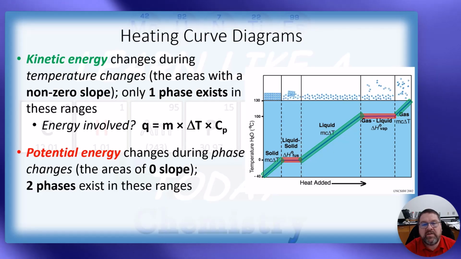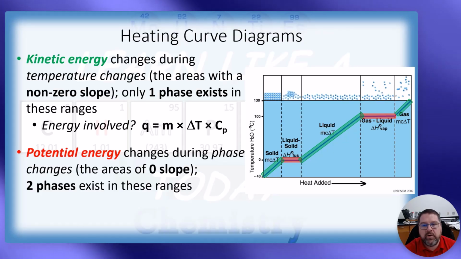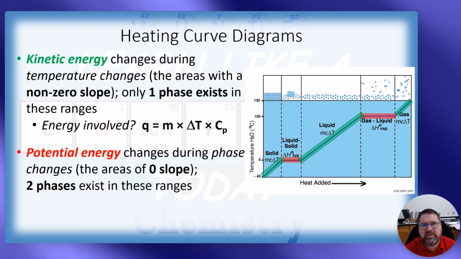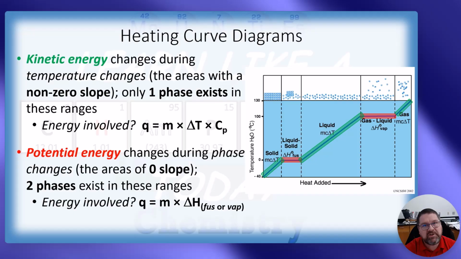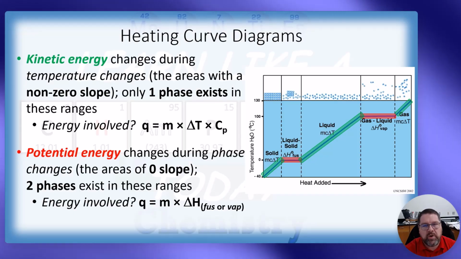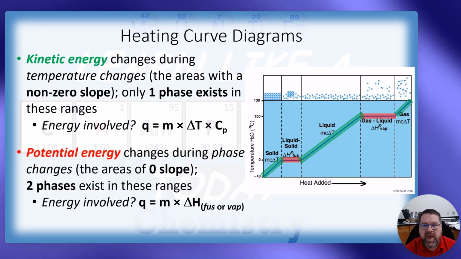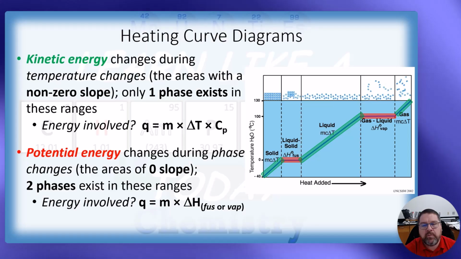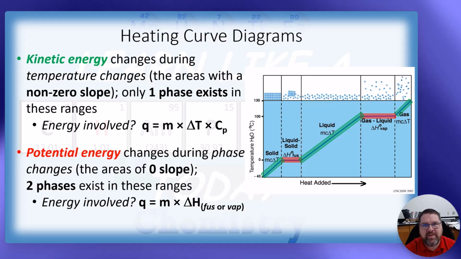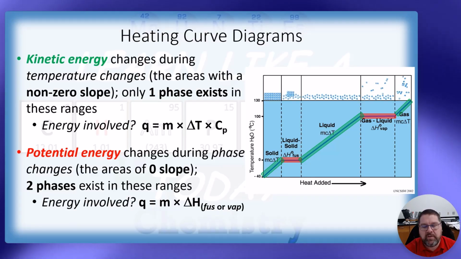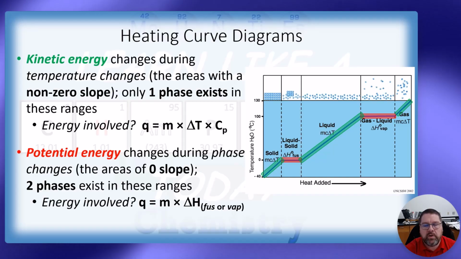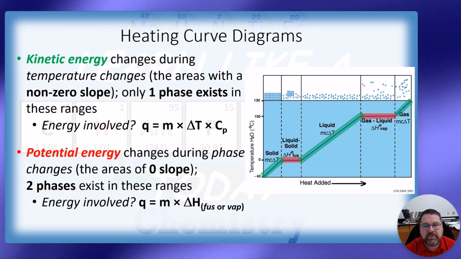Now, to calculate the energy that's involved here, it's going to look a little bit different. It's going to look similar, but a little bit different at the same time. The energy involved is going to be dependent upon how much you have, obviously. The more you have, the more energy is going to be needed. So M, but now the second term that we have is delta H. It's an enthalpy value, so it's an energy value, and it'll be the enthalpy of fusion for melting and freezing, or the enthalpy of vaporization for condensing or vaporization.